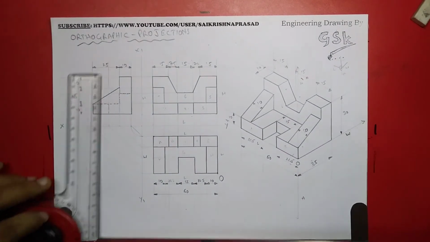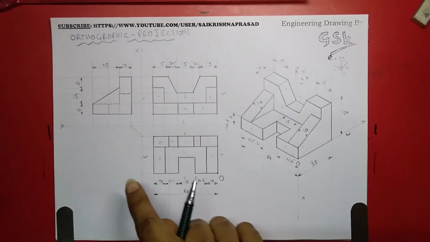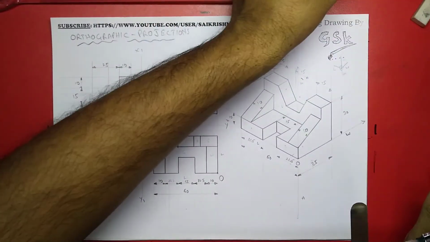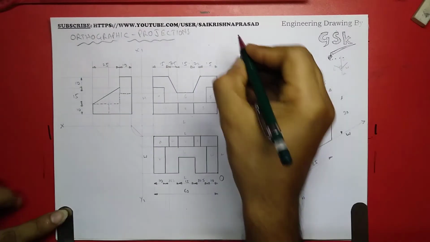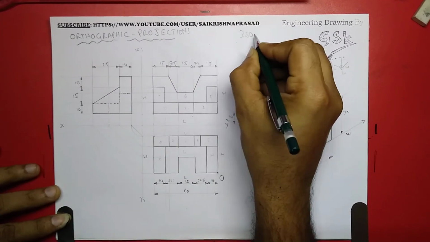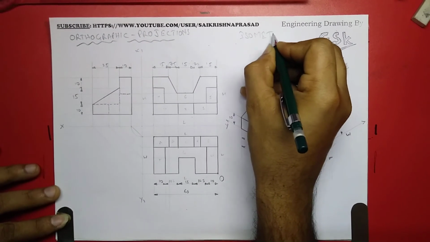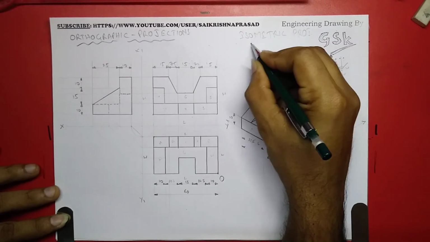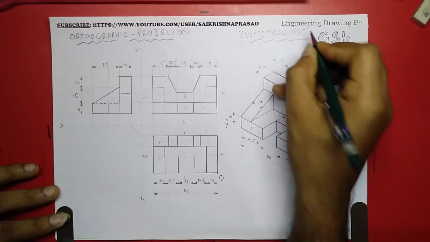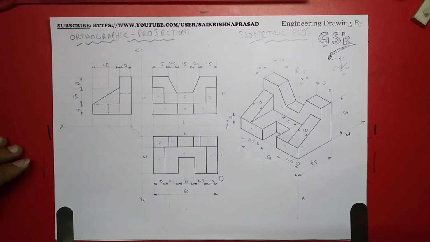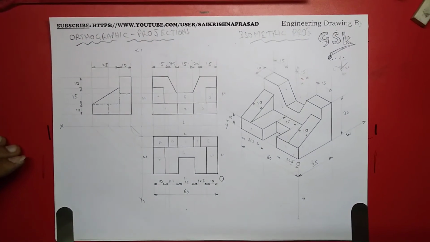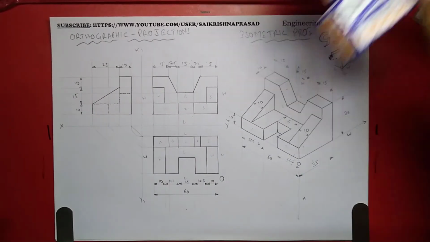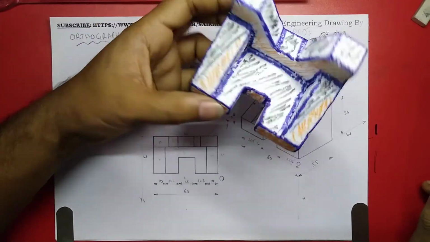So in this manner we can finish off the isometric projection of this object and the orthographic projection of this object. Here, this is the isometric and this is the orthographic of this object.